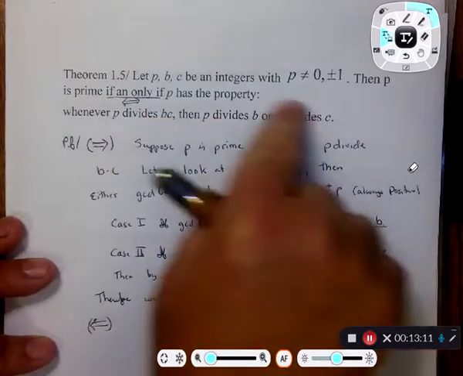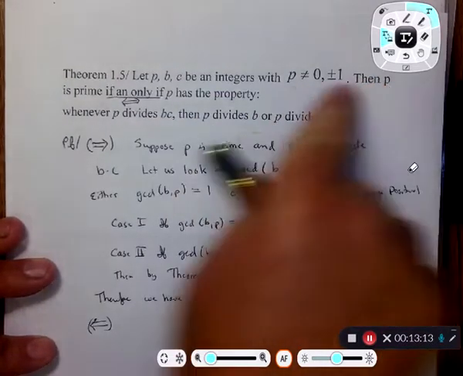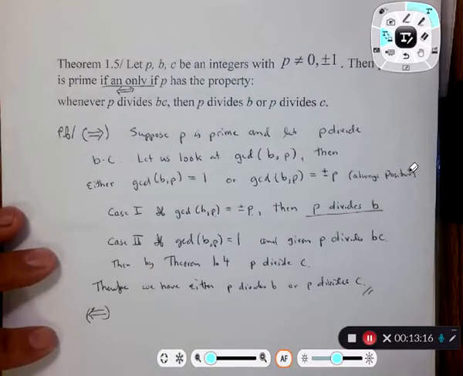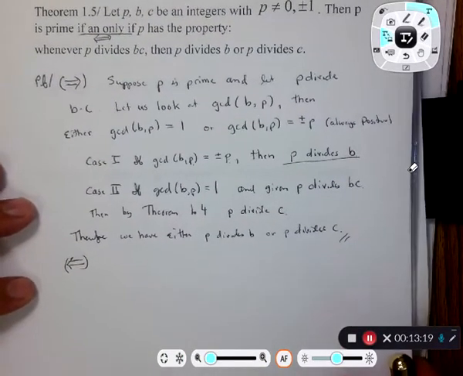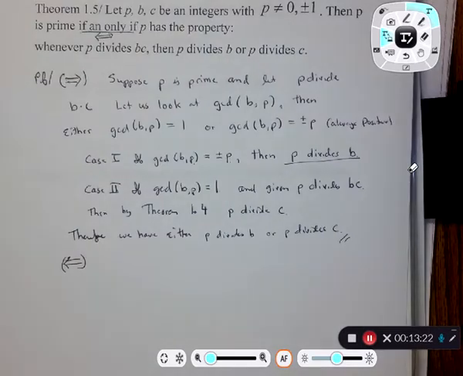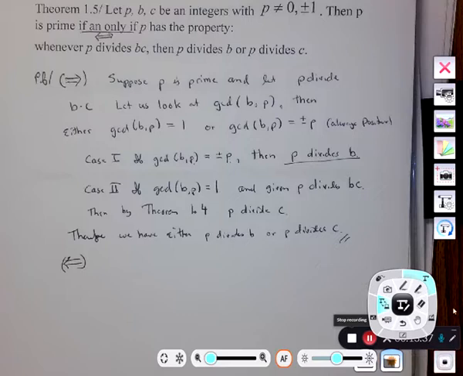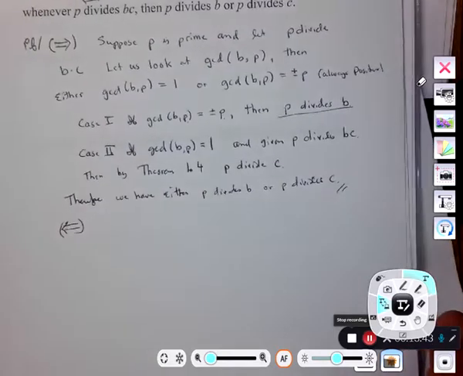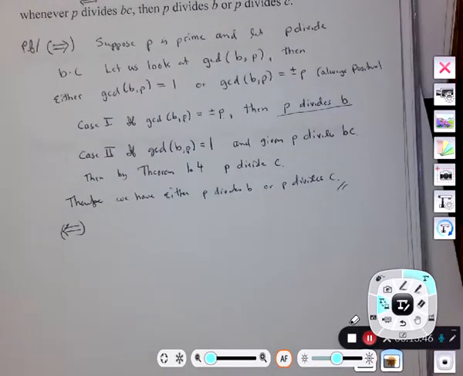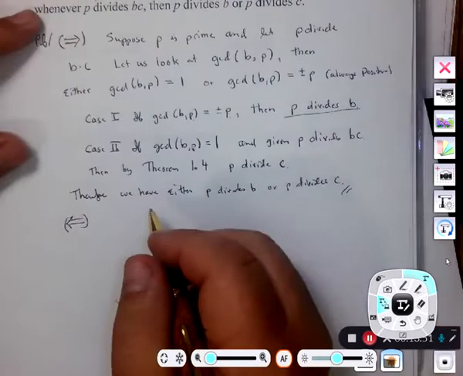I'm going to give myself the second part of this and actually have to prove the first part. So I'm going to slide this up a little bit. Okay? Here we go. Okay, so on the second part, we're given this.